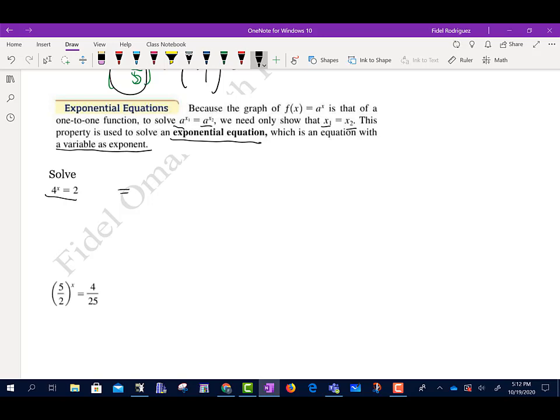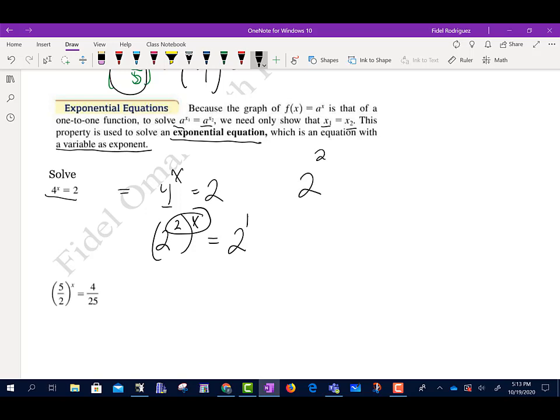So I'm going to rewrite this. This says 4 to the power x is equal to 2. But I'm going to rewrite 4 as 2 squared, to the power x, equals, and I'm going to think of this 2 as 2 to the power 1. According to my rules of exponents, we can multiply exponents together.